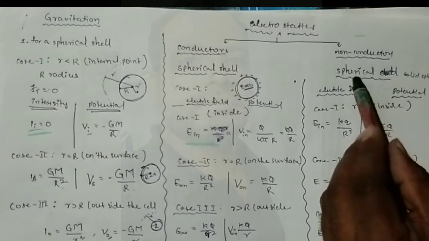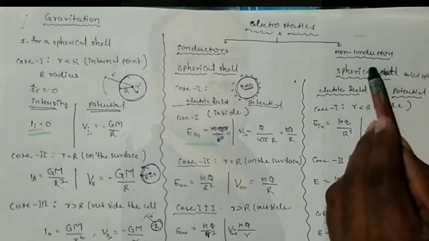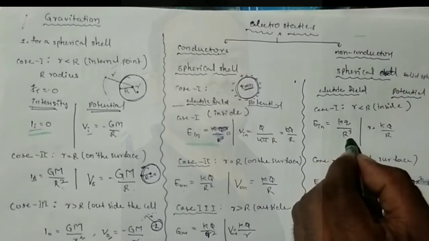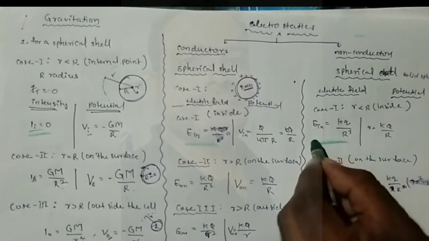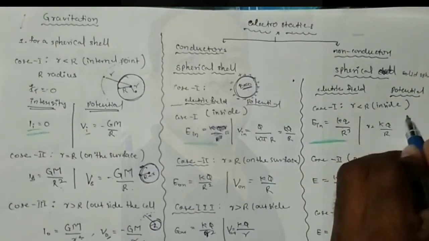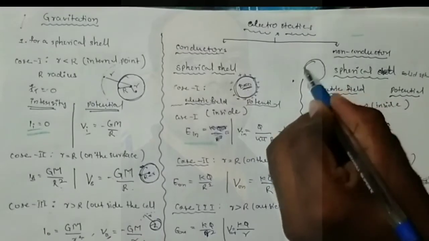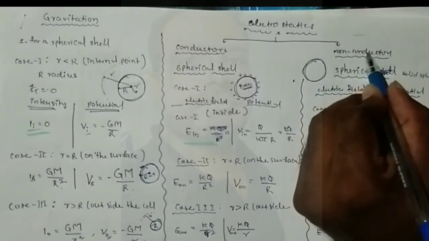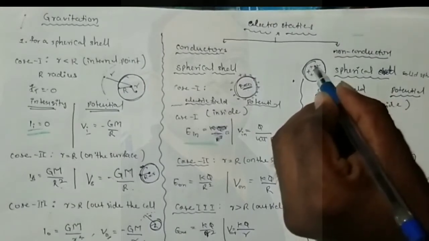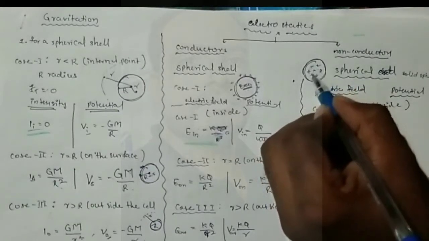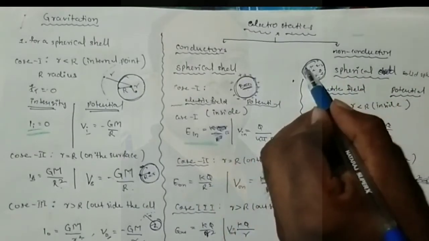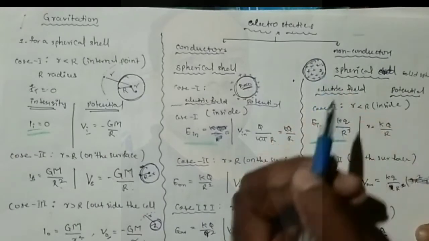Again, spherical non-conductor. Here it is a non-conducting material, so inside the electric field is not equal to 0. Why? Because it is a non-conducting spherical cell, and the electric charge is uniformly distributed, because it does not move to the surface.